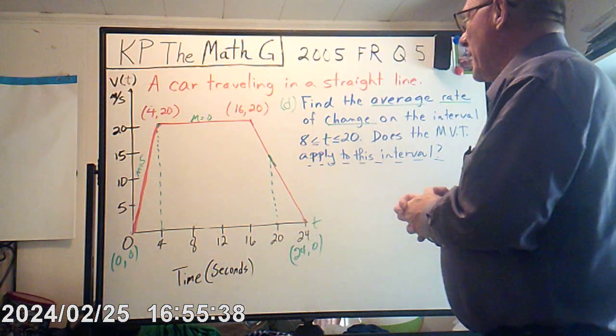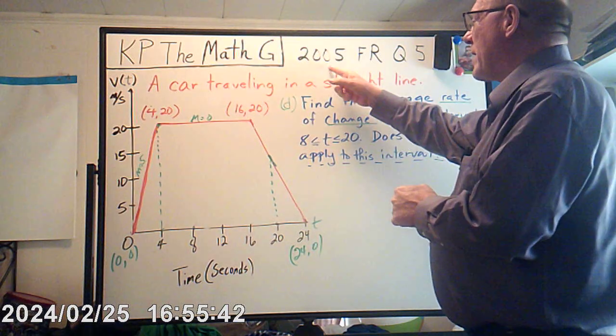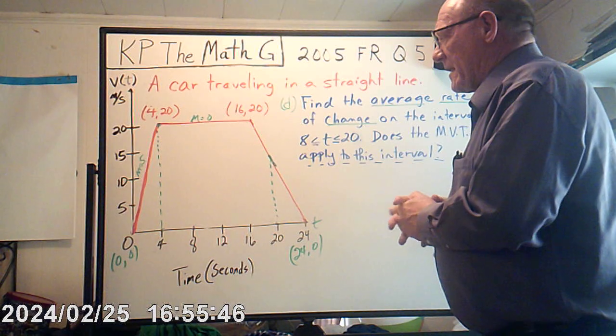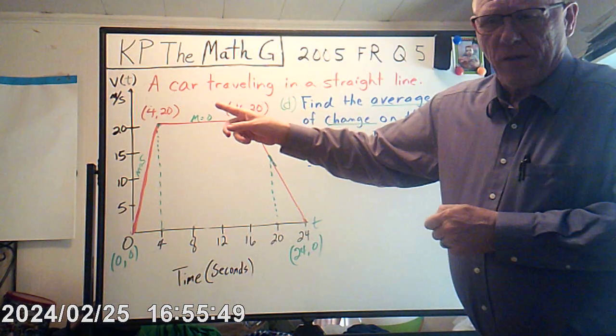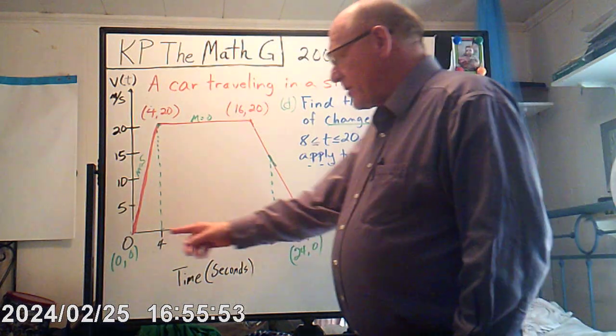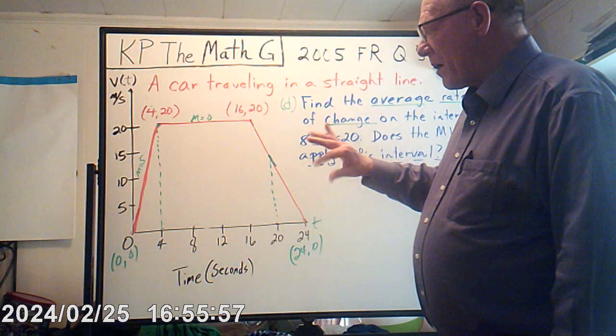And for today, we're going to do part D of the 2005 free response question number 5. It has to do with a car traveling in a straight line, and this is the velocity graph that this car makes.